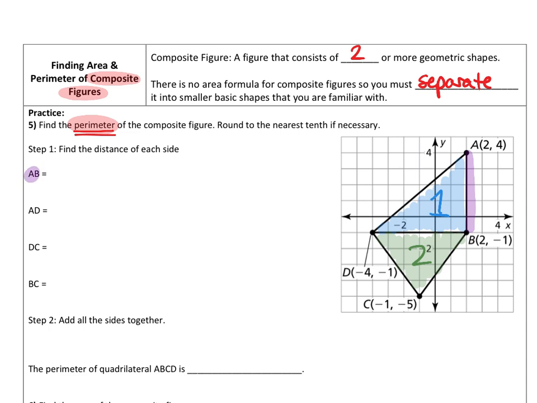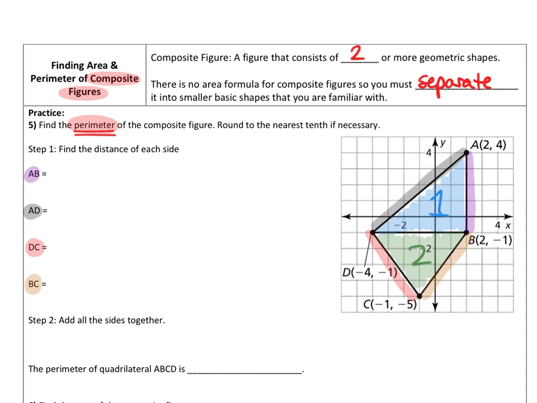We need to know side length BC, which is here. We need to know side length CD, which is here. Sorry, I'm color coding for you. And then we'll just use AD here. We need to know those sides.